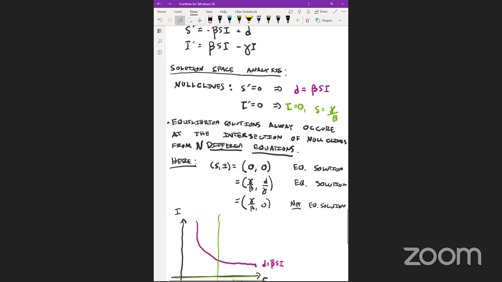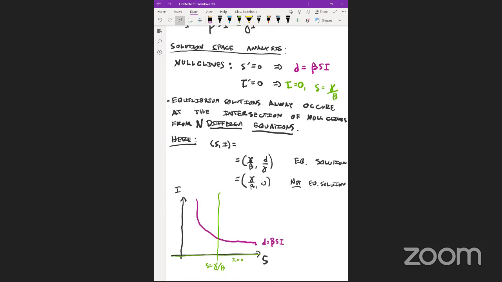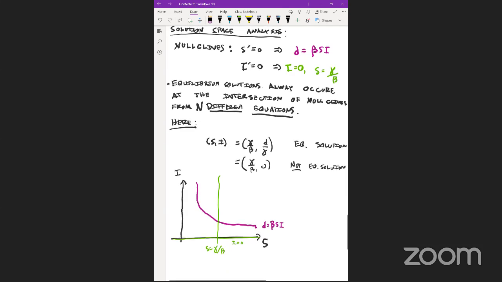Oh, I'm sorry. I just wrote this down as an equilibrium. Sorry, I apologize. This is not an equilibrium solution at all. I'm clearly not on my game today. I apologize. So if this is an equilibrium solution, this is not an equilibrium solution.